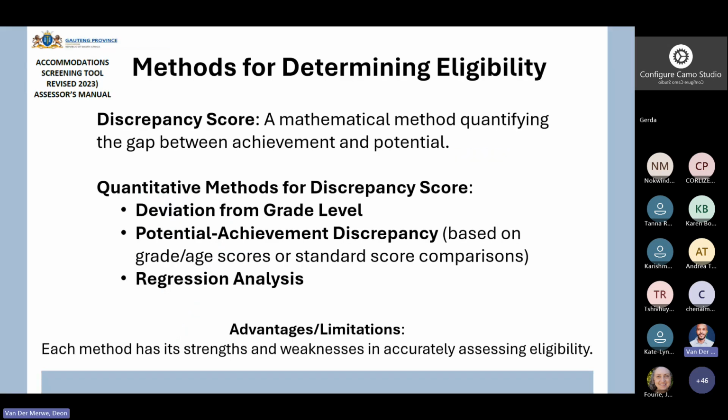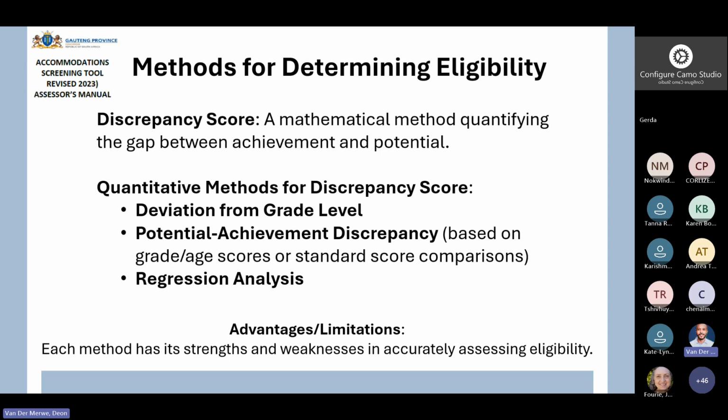Now, it is important to mention, in regards to the document that I was making reference to, that the discrepancy score is the gap between a learner's learning potential and their current achievement. And there are four main ways schools or experts suggest calculating the score.